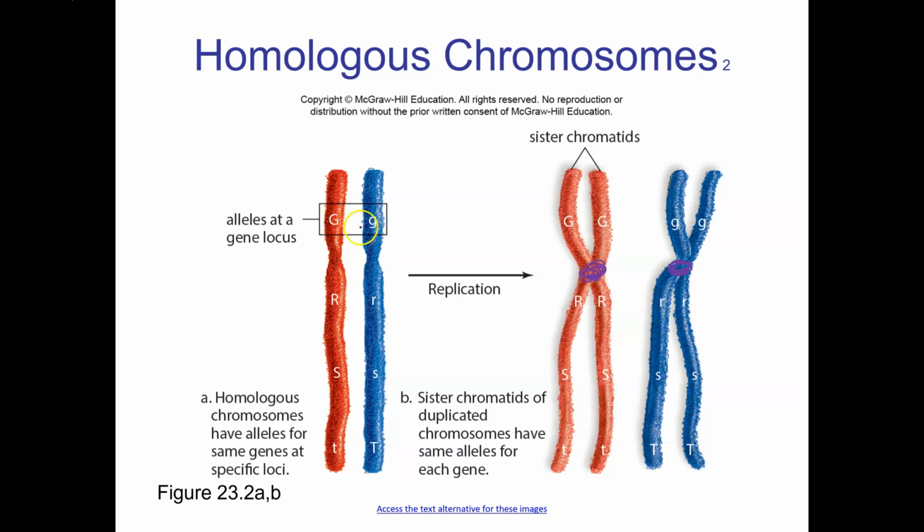So you have some genes identified as G, R, S, and T. When they are replicated, the sister chromatids on the chromosome are going to have the identical genes still. And then there's the homolog with identical genes. Okay? And again, here's your centromere positioning right there and there. So this is what homologous chromosomes look like.